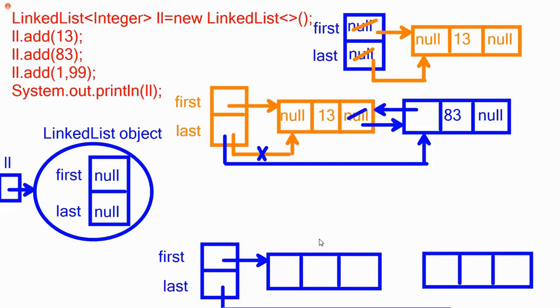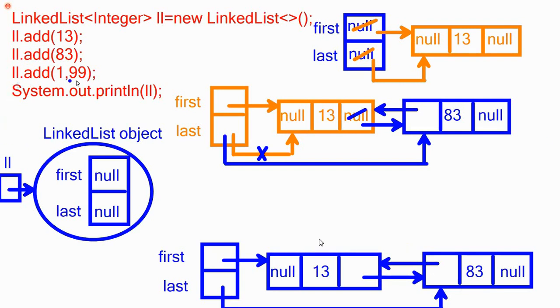This is the last node. This address here. This address here. Now, null 13, 83 null. Like this, memory is allocated. Now, this is only as it is written.